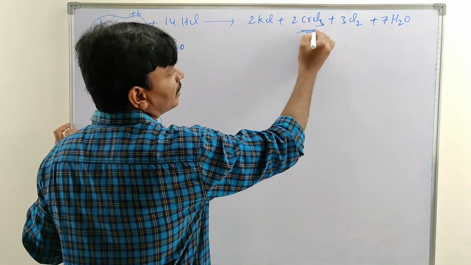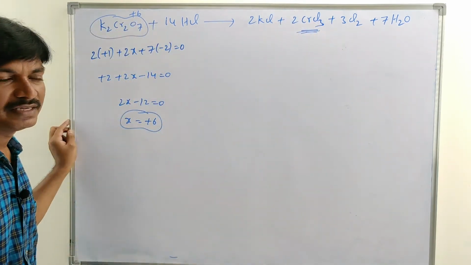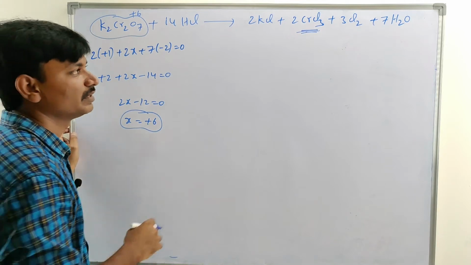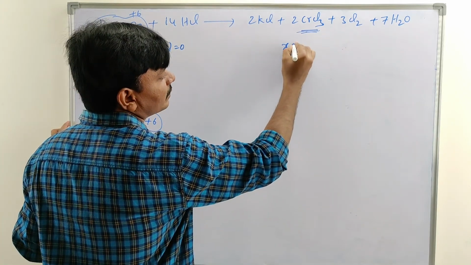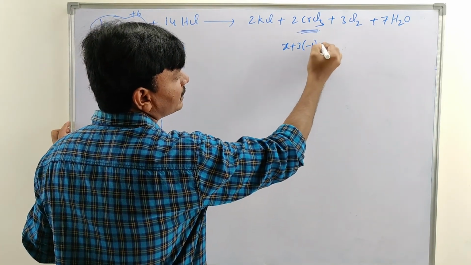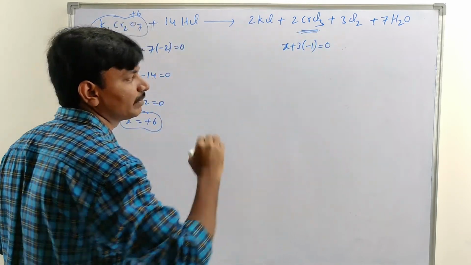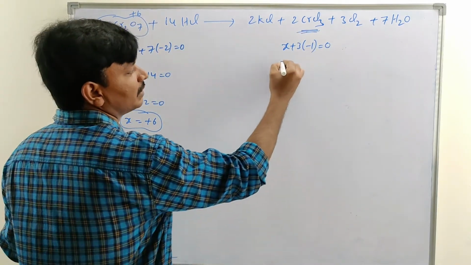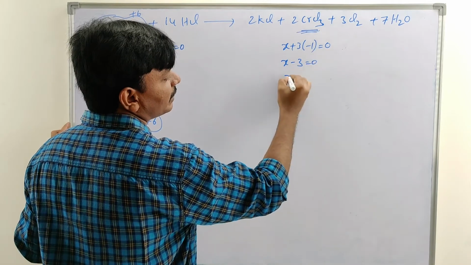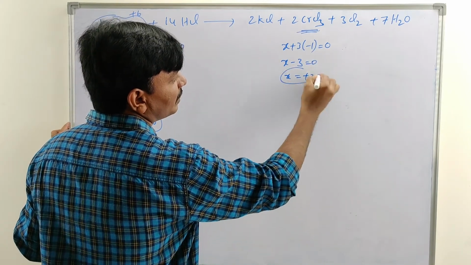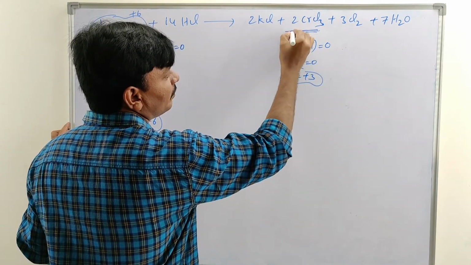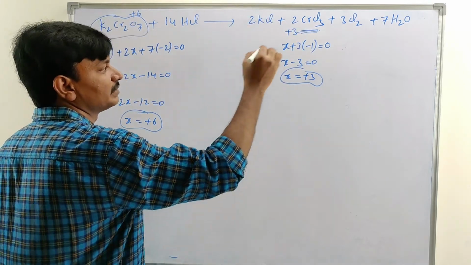But here CrCl3. In CrCl3, chromium oxidation number: chromium is x plus 3 into each chlorine oxidation number minus 1, that's why x minus 3 equals 0, x equals plus 3. In CrCl3, chromium oxidation number will be plus 3.